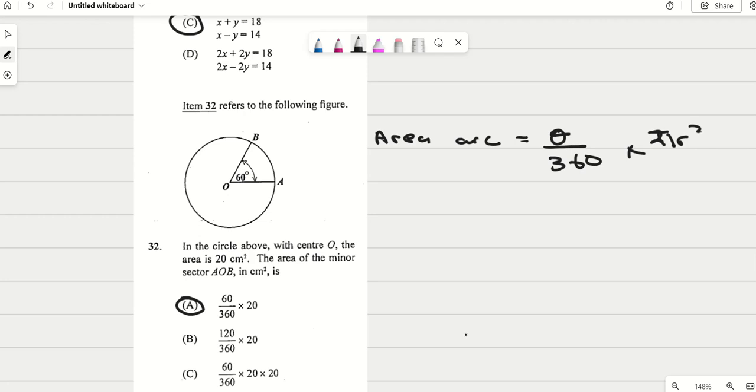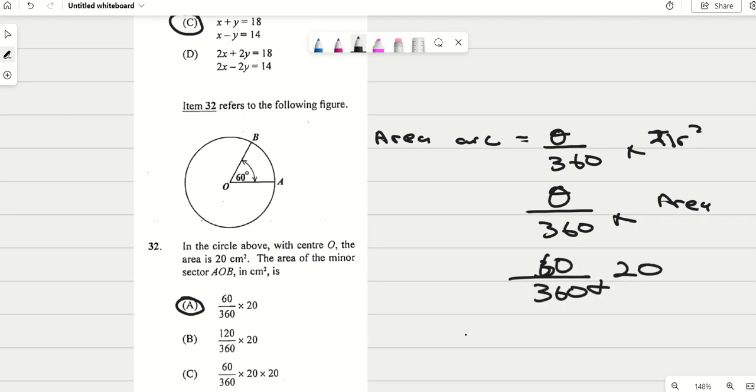Pi r squared is also known as area of a circle, so it's theta over 360 multiplied by your area, because they told you the area of the circle. Theta in this case is the amount of degrees, so that is 60 over 360 multiplied by area, which is 20. So we see that A is your answer.